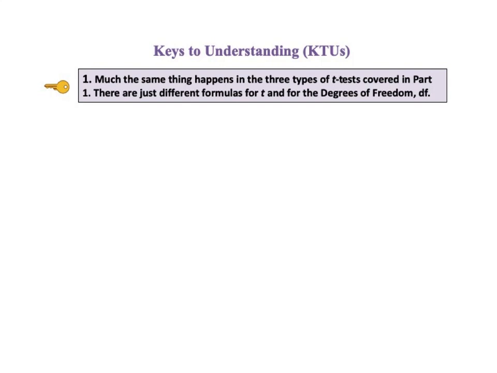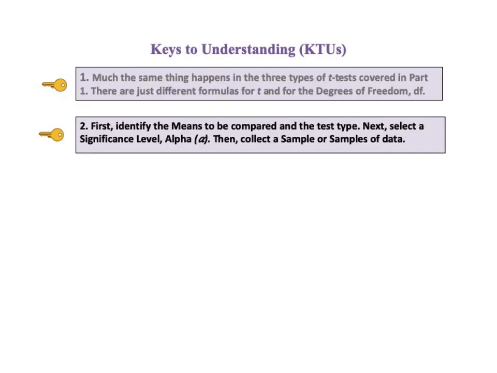The first key to understanding tells us that much the same thing happens in the 3 types of t-tests covered in Part 1. There are just different formulas for t and for the degrees of freedom, df. KTU number 2 says, first, identify the means to be compared and the test type.